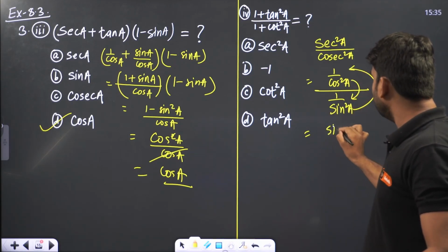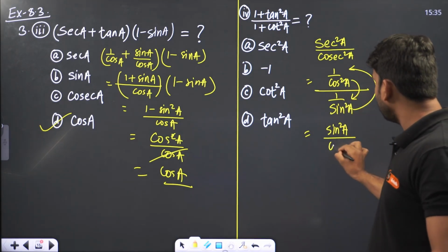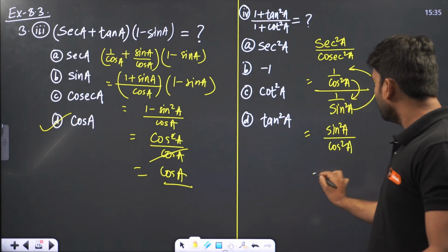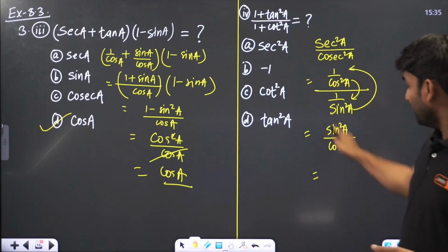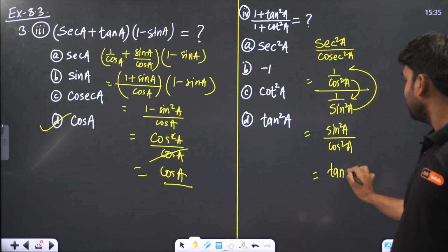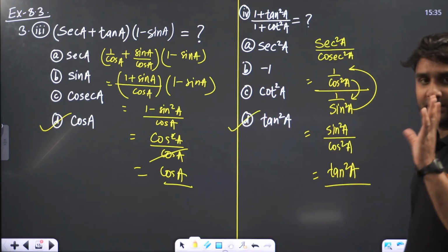So sine square A into 1 by sine square A, cos square A into 1 by cos square A. Guys, do you know what is sine by cos? Sine by cos is tan, and both are in square, so the answer will also come in square, tan square A. Any option? Option number D will be the correct answer.